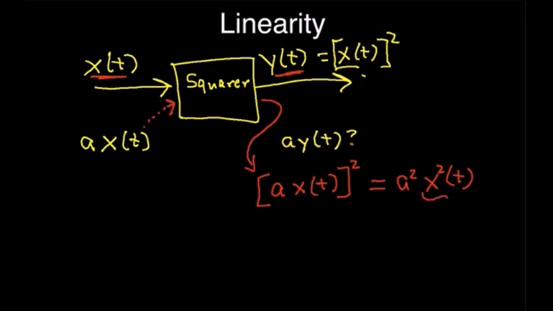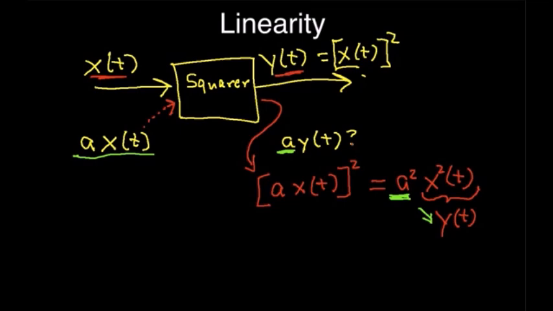So this much is y of t. But you'll notice that instead of having an a y, which is what I need in order for it to be homogeneous, out here I have a squared. So this system is actually not homogeneous, because if I put a x of t in, I don't get a y of t out, I get a squared y of t out.